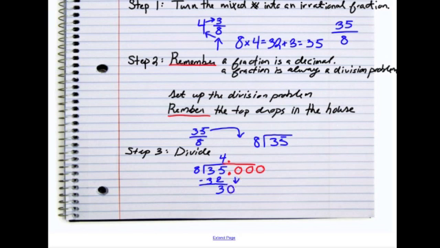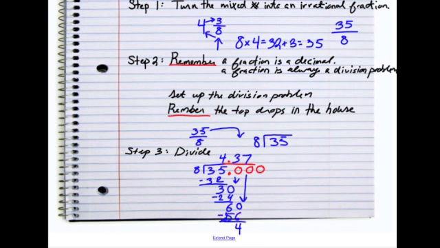I bring down that next 0. 8 goes into 30 3 times. 3 times 8 is 24. Subtract, and I get 6. Again, 8 doesn't go evenly into 6, so I need to bring down another 0. 8 goes into 60 7 times. 7 times 8 is 56.